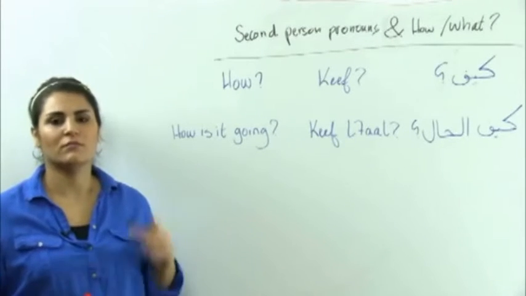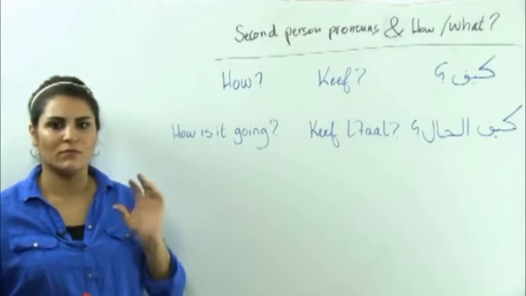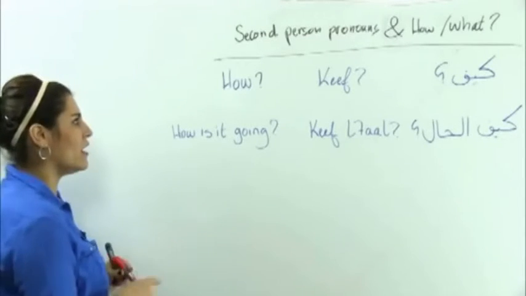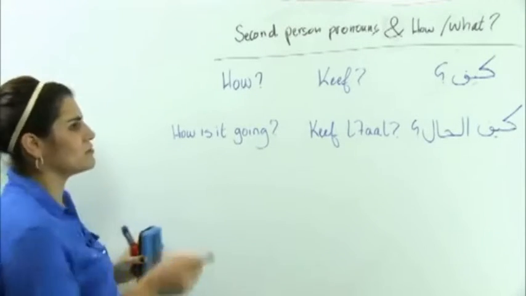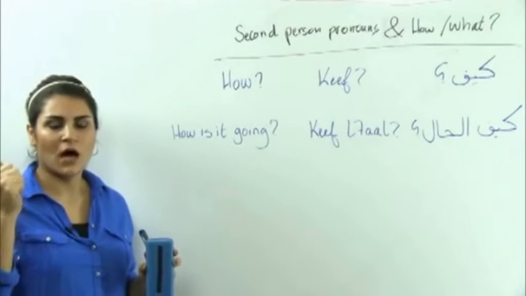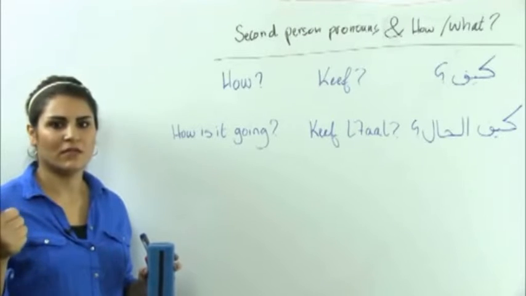You can conjugate it, but we're not going to go through this because we don't know how to use the pronoun suffix yet. Okay, so this is with how, and just to keep in mind that we have learned 3 questions using how: how are you, masculine, feminine, plural, كيفك, كيفك, and كيفكن.